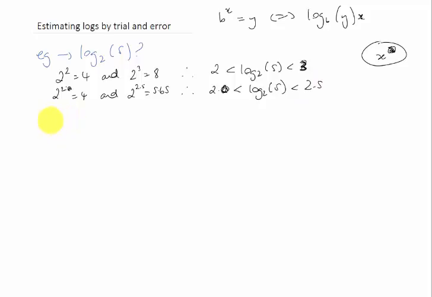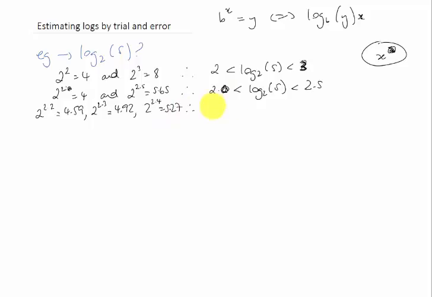We can do better than that, so I typed in a few more. 2 to the power 2.2 is 4.59, my calculator tells me. 2 to the power 2.3 is 4.92. 2 to the power 2.4 is 5.27.